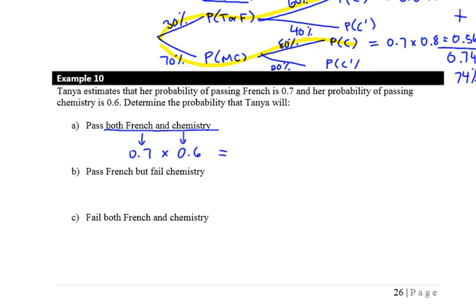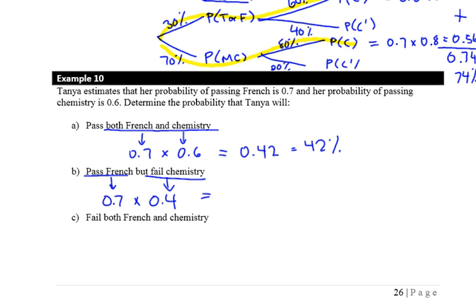So instead of making the chart, you can actually just go straight to multiplication. 7 times 6 is 42. So 42%. Okay, what's the probability that she passes French? 70. What's the probability she fails chemistry? 40. If your probability of passing is 60, there's a 40% chance of failing.